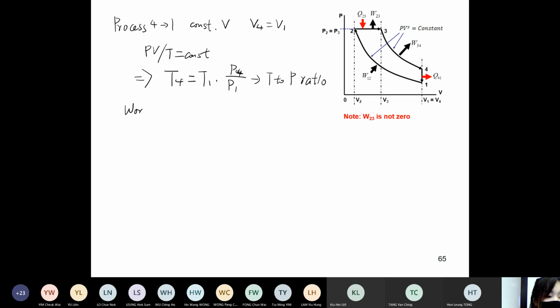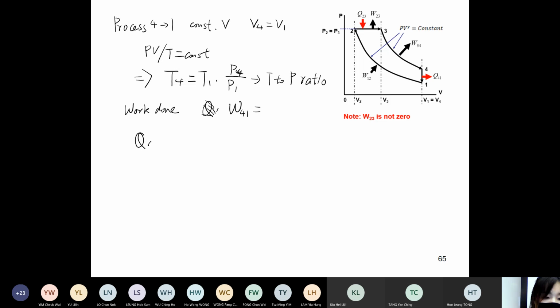The work done during this process equals zero, right? No displacement.